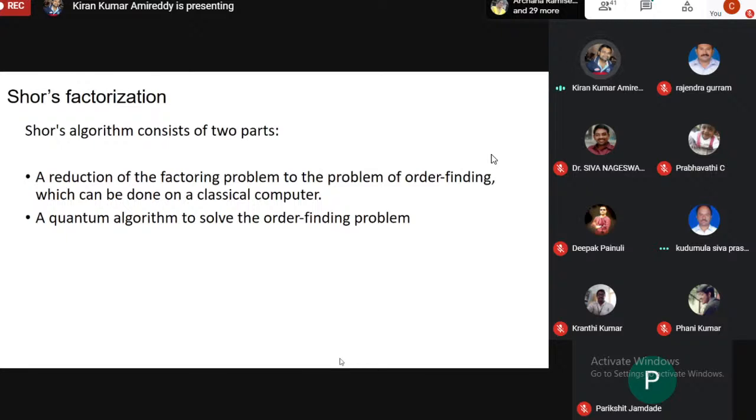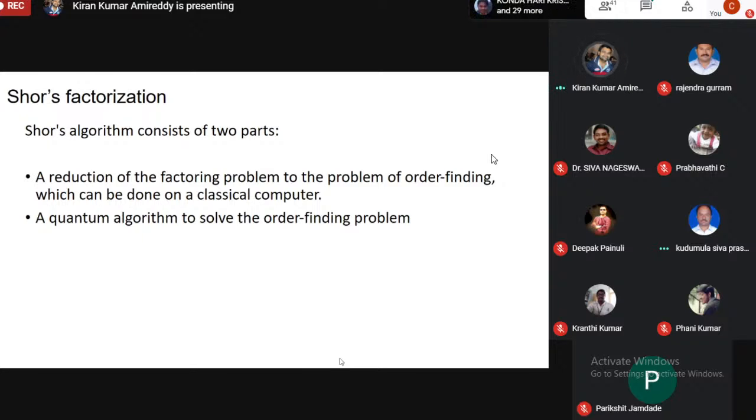Suppose a number is given to us and we are looking for its prime factors. Suppose you take 6 as the number, then we take its factors 2 and 3, both are prime. So 2 into 3, and 1 will also be there for any number.